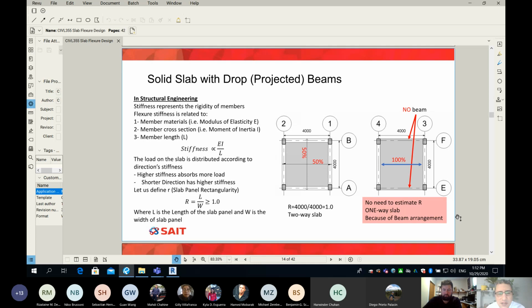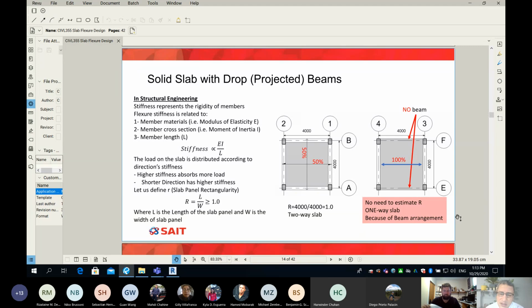Here is where we stopped the last class, and probably there will be a little bit of overlap. We talked about one-way and two-way slab. So it's a slab that has some beams, and the beams provide some support for the slab. For this discussion, we looked at a terminology called stiffness. And stiffness means how hard and how easy it is to bend things.